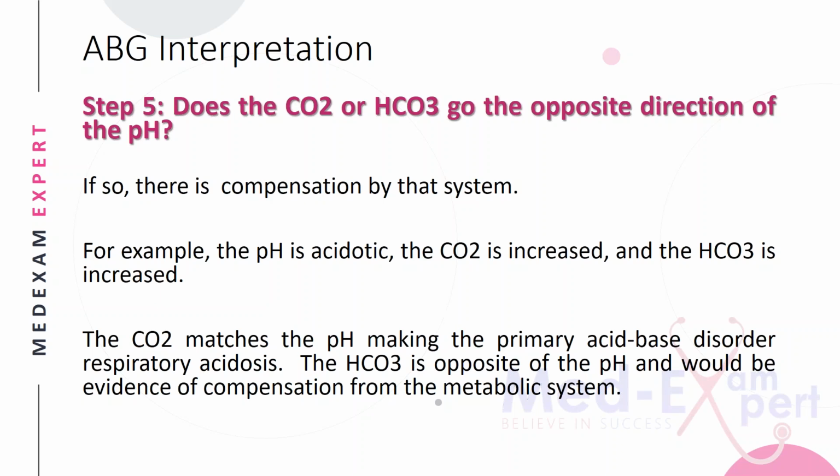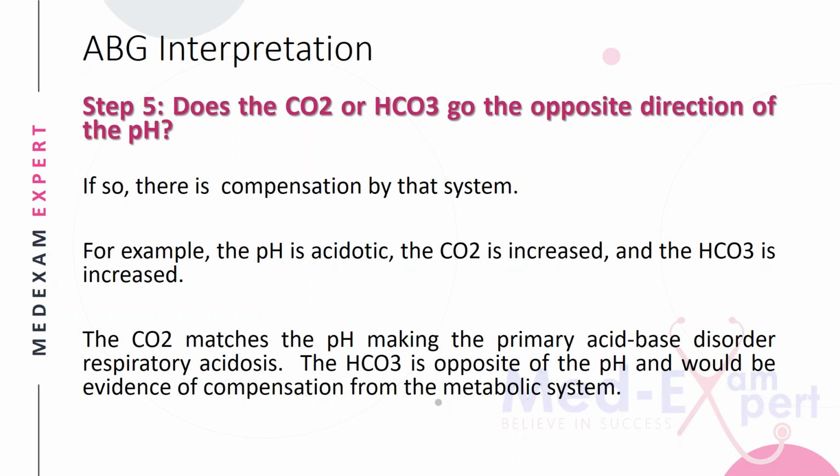So, if I have a pH which is acidotic, increased CO2, and the bicarb is increased, so I can say that the CO2 matches the pH. The CO2 is high and it's acidotic, and the pH is also acidotic, and so they match each other, and the condition is respiratory acidosis.